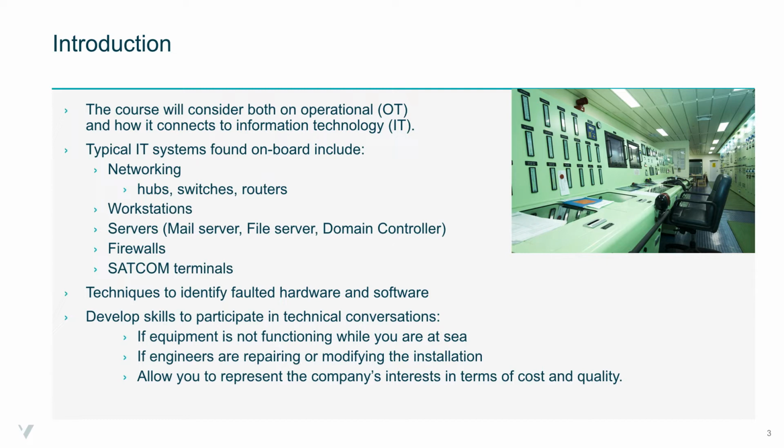Typically, the devices we find on board ship are more robust and built for more challenging environments. They might be rated in some cases to operate in far more extreme environmental conditions. And in another section that I'm covering, we will talk about the impacts of environment on technology.